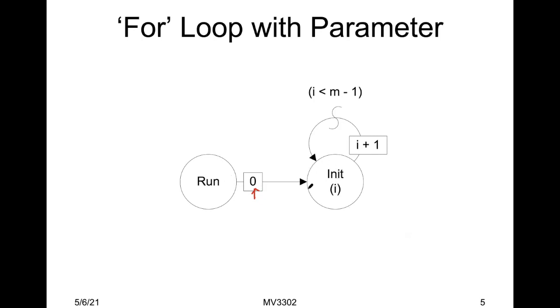Then when init occurs, the first init event is going to have the value of I equal to 0. Then what does init do? It schedules itself, and it passes I plus 1. So it takes the value that it had, adds 1 to it, and passes that to the next occurrence.